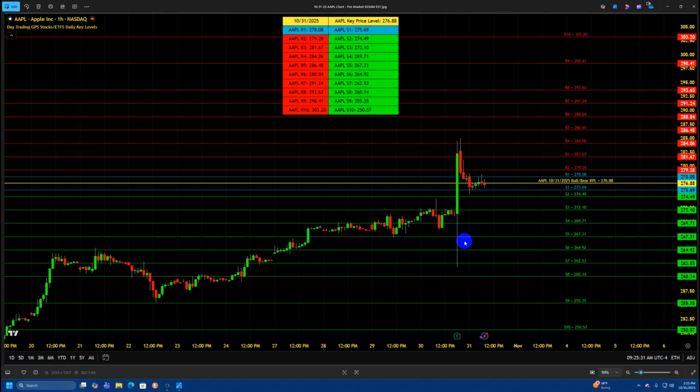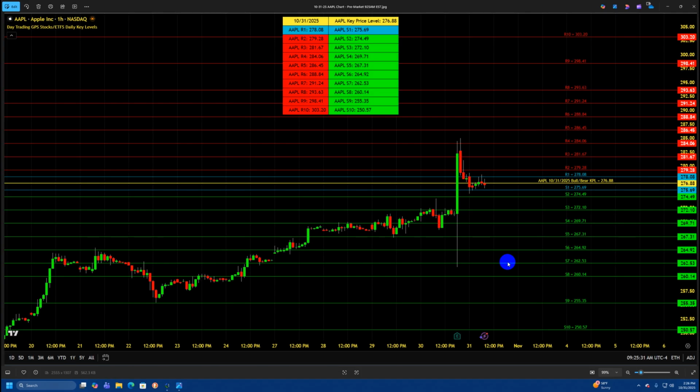So this is what it looked like before the market opened at 9:30, and as you can see, I have all 10 levels turned on here just to get a more overall view and also have it on an hourly chart. So this indicator, unlike the SPX indicator, which only works up to 30-minute chart time frames, the Stocks ETFs Daily Key Levels indicator works up to 1 hour chart time frames.